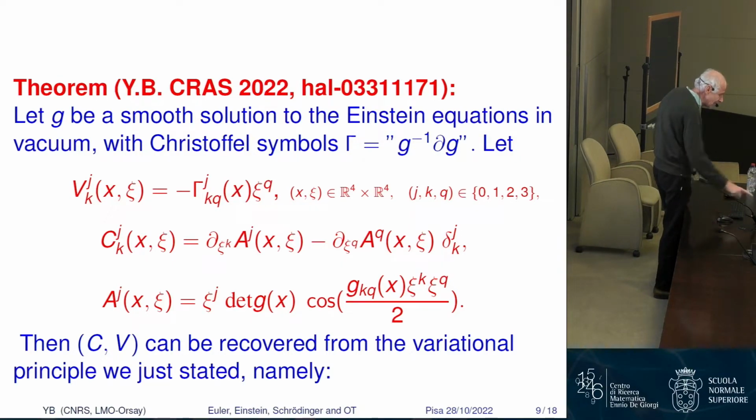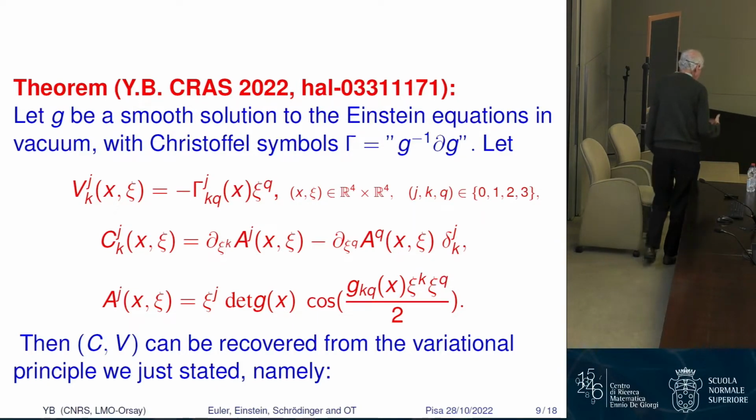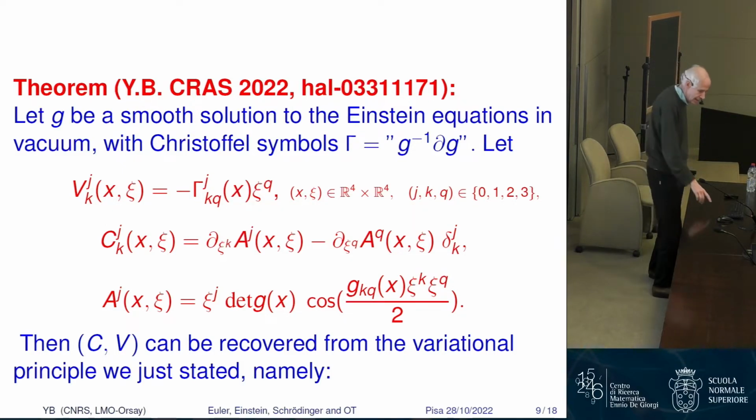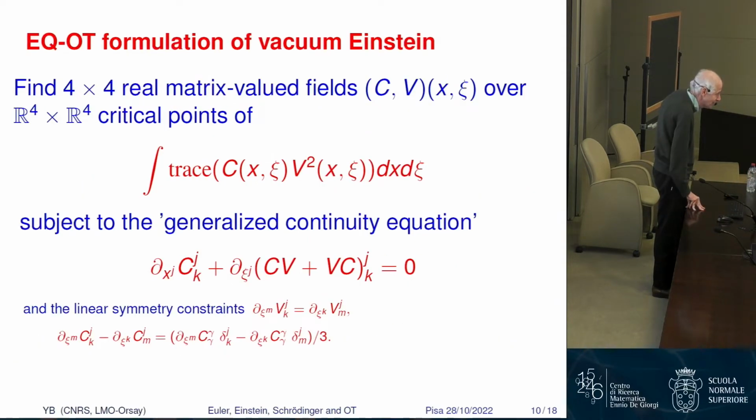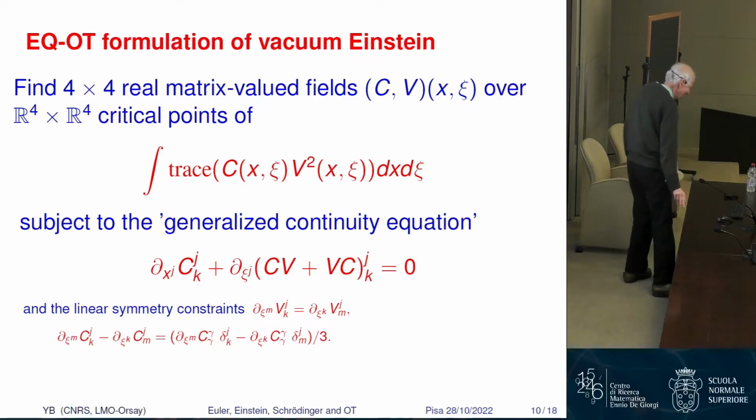So then I claim that with this formula, CV is a critical point of the problem I just wrote. For the older people, maybe I should put it again, if they forgot already.